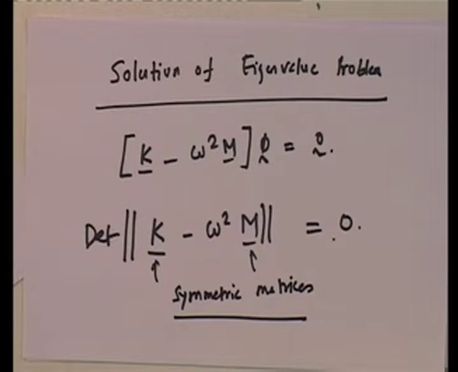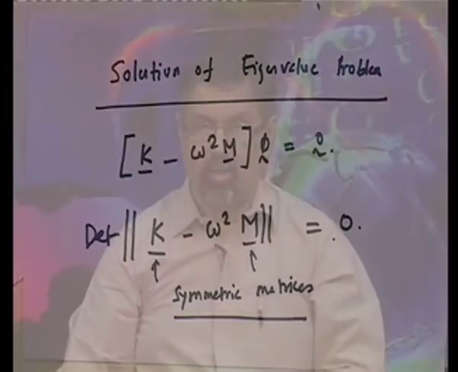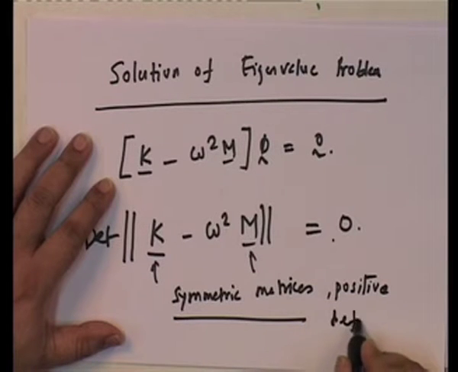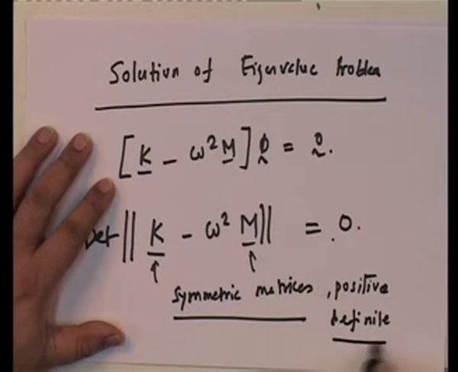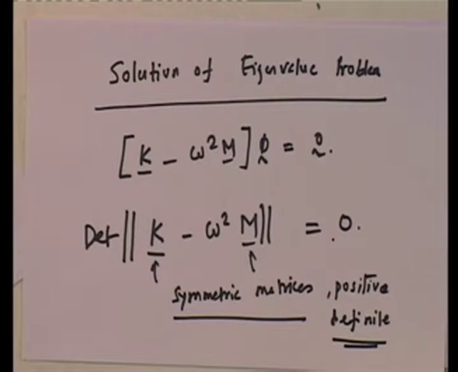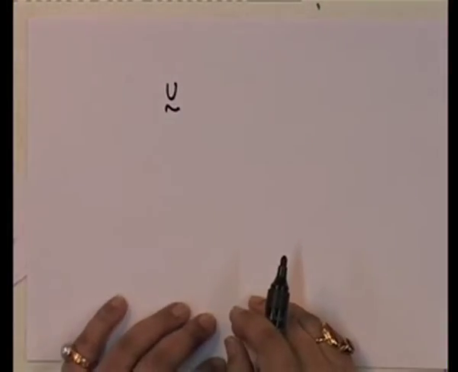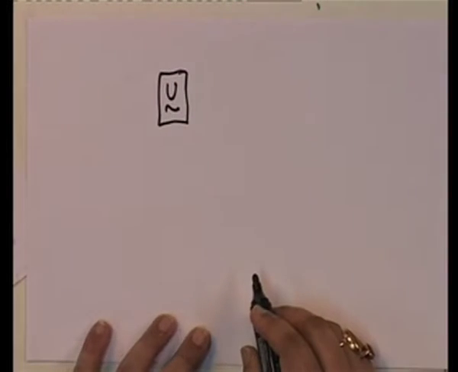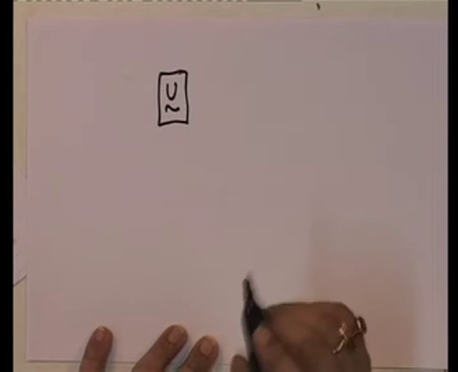We will also show that indeed these are what are known as positive definite matrices. What does positive definite mean? Positive definite is the following. Let us take any displacement vector v.